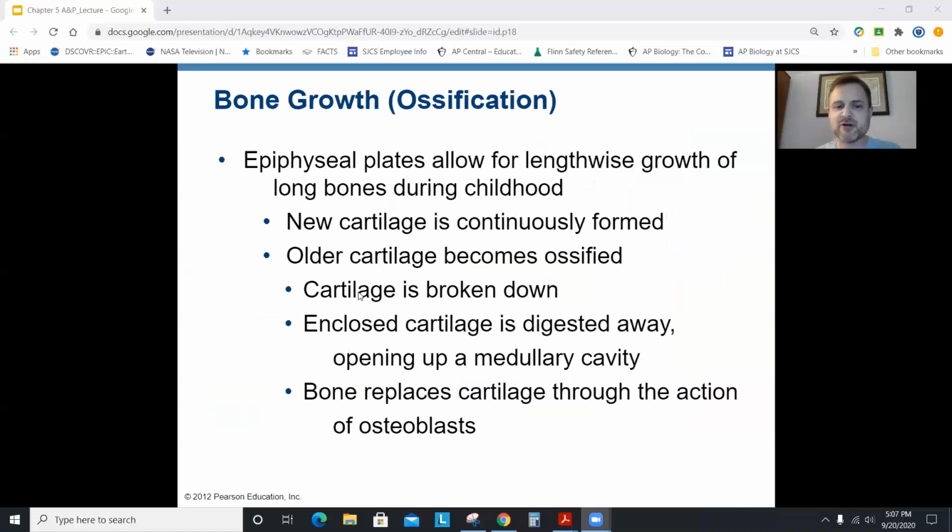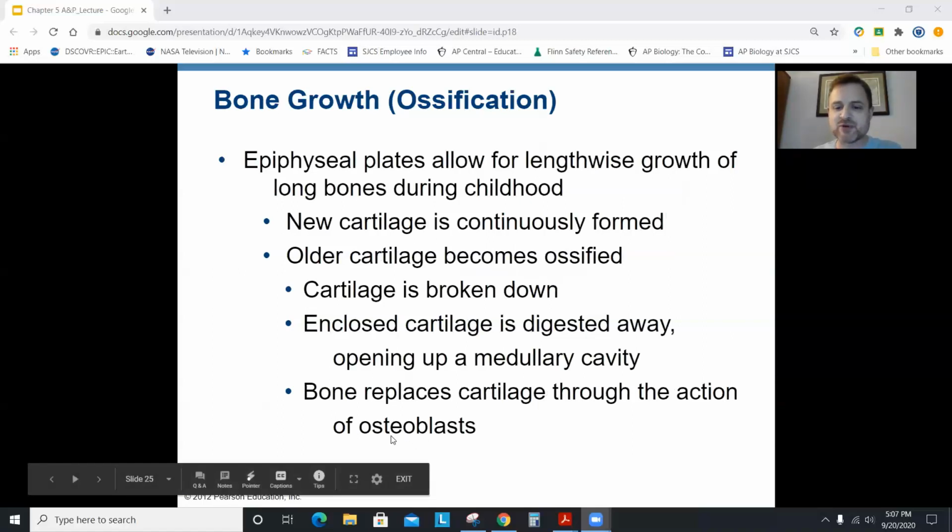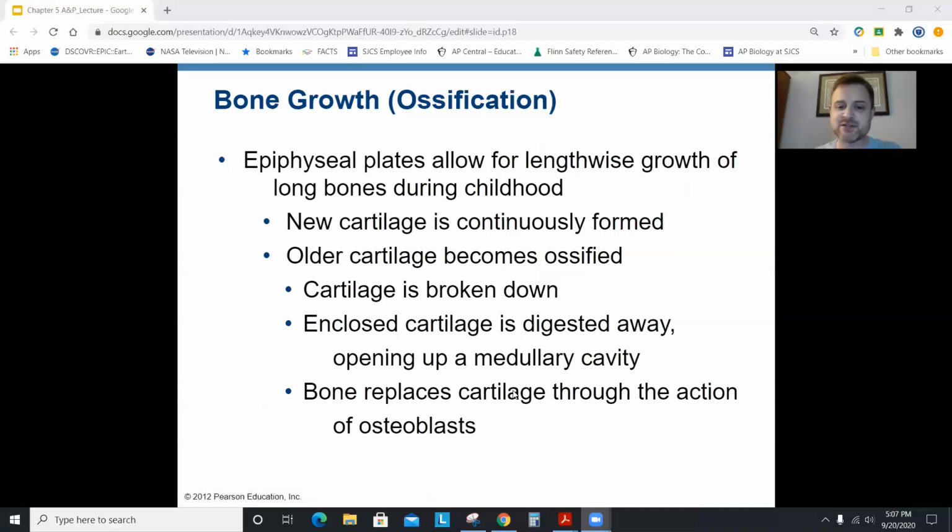New cartilage is formed, older cartilage is broken down, or it turns into bone. So the word ossified means it turns into bone. We'll come back to this word osteoblasts. Osteoblasts are cells that form new bone, so I can turn cartilage into bone via osteoblasts.